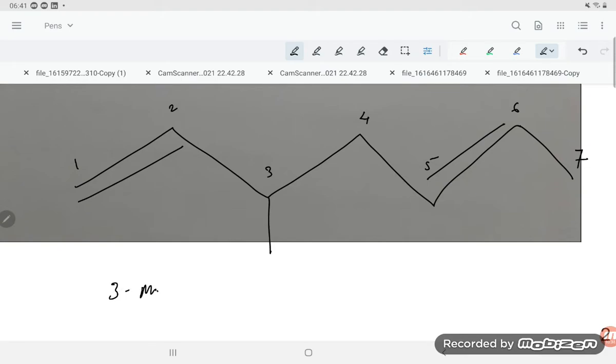This is 3-methyl, right student? And then the word root will come, how much, student? Hept. And it will be 1 comma 5 diene. When double bond is there 2 times, it has to become hepta, 3-methyl hepta-1,5-diene. This is our required answer, students.